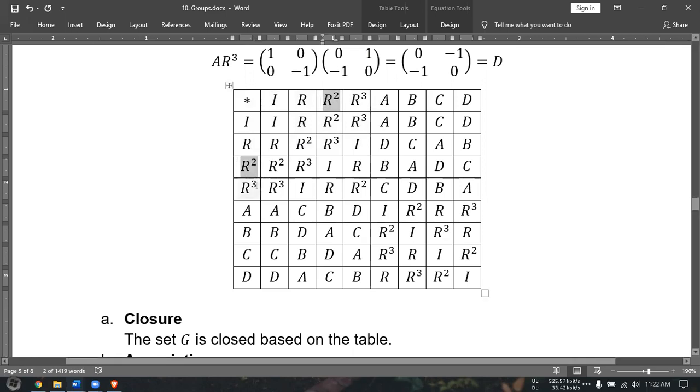The inverse of R cubed is R. The inverse of A is A. The inverse of B is B. The inverse of C is C. The inverse of D is D. So the inverses exist. So you already verified that this is a group.